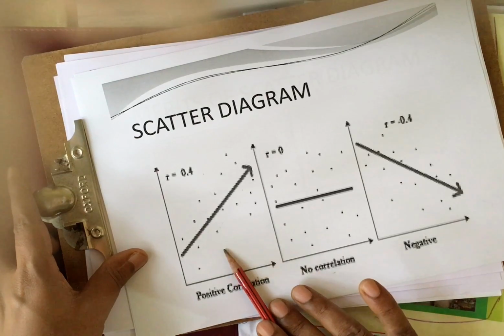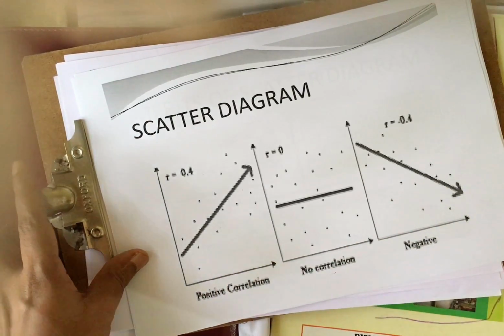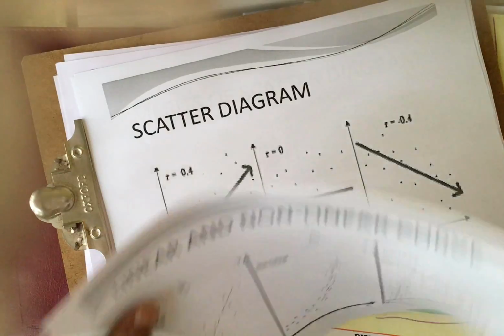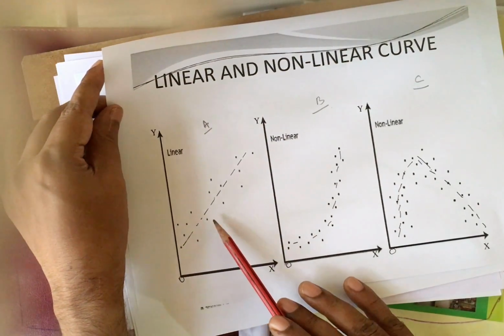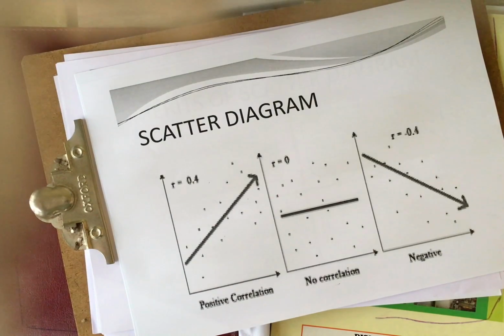This is a positive correlation, this is a negative correlation, but they are not perfect correlation. The perfect high degree correlation I already showed you; you can say this is the perfect high degree correlation. This is a moderate correlation.